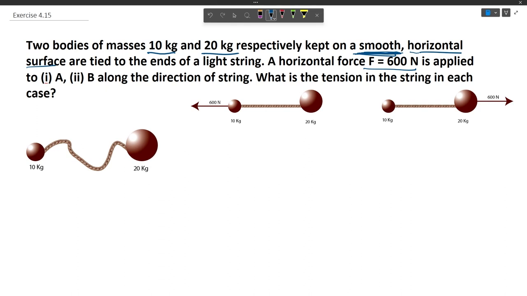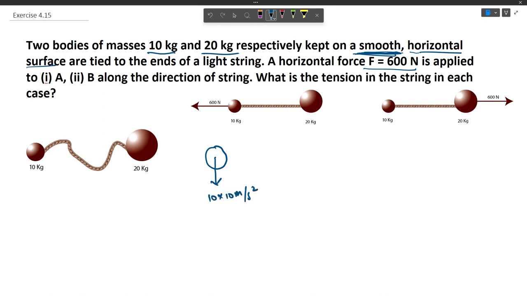Now let us proceed with the free body diagram of case A, where the 10 kg object is being pulled. The free body diagram of the 10 kg body would be: there would be a gravitational force acting downwards of magnitude mg, or 10 kg multiplied by 10 meter per second square.